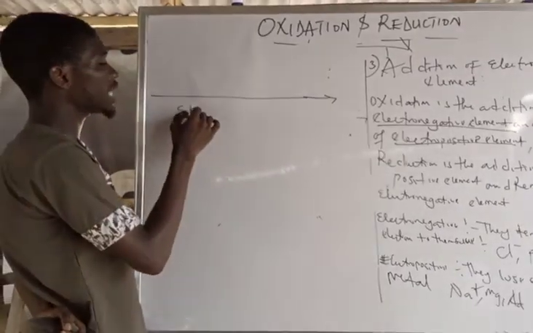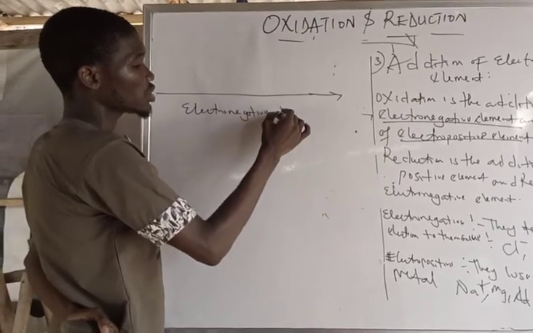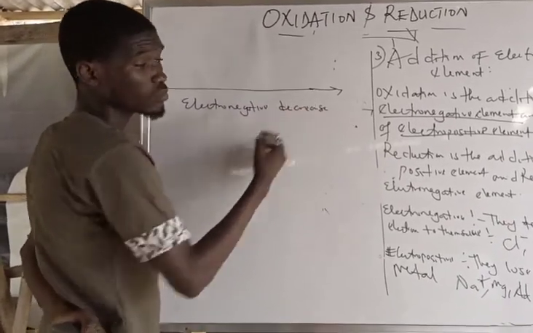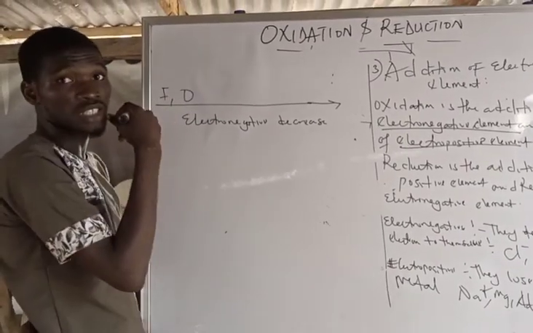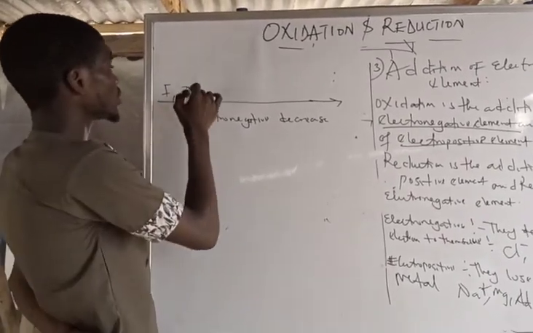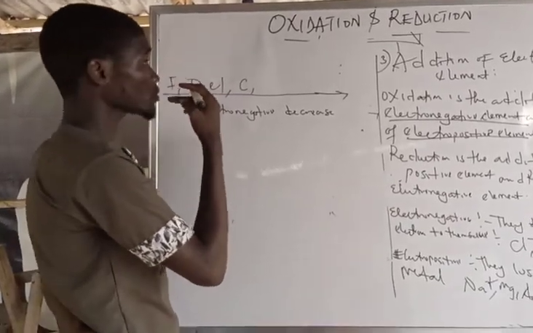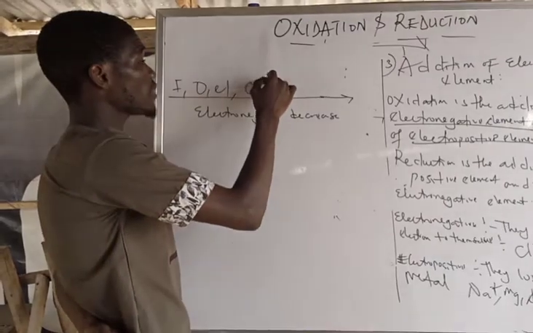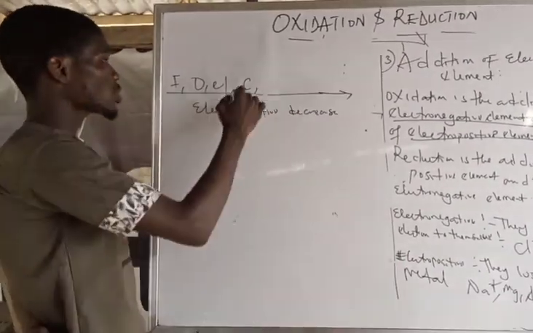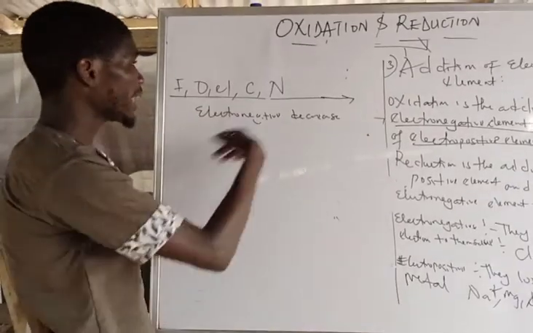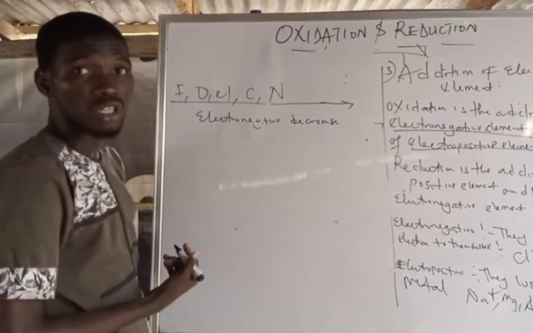I call this electronegative decrease, whereby we have fluorine, we have oxygen, we have chlorine, we have carbon, I have nitrogen. So there are many compounds that show the electronegative decrease.